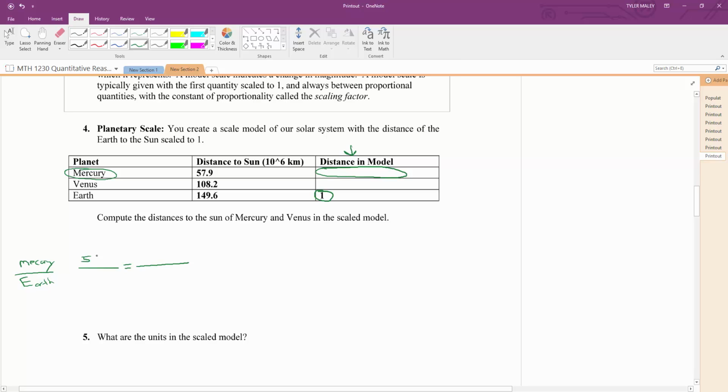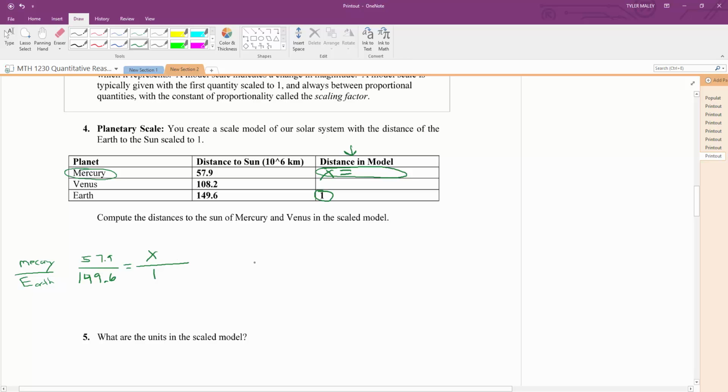Mercury is 57.9 million kilometers from the sun, and the Earth is 149.6. And then for Mercury in the model, we're trying to fill in this blank, so this is x. And then we want this to be 1, because we're scaling the Earth quantity to 1.